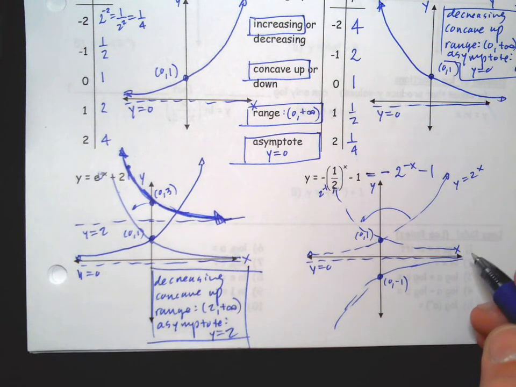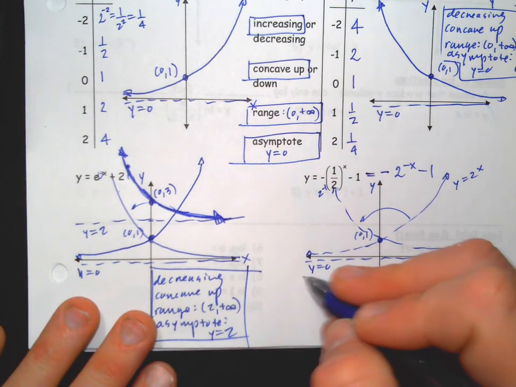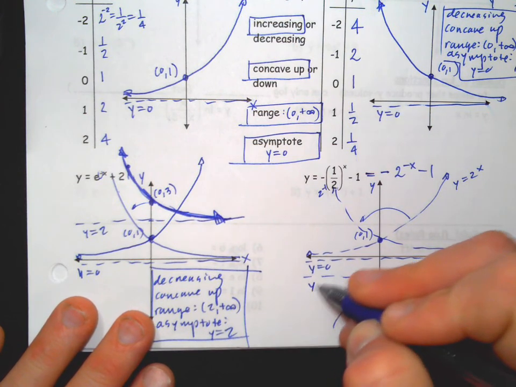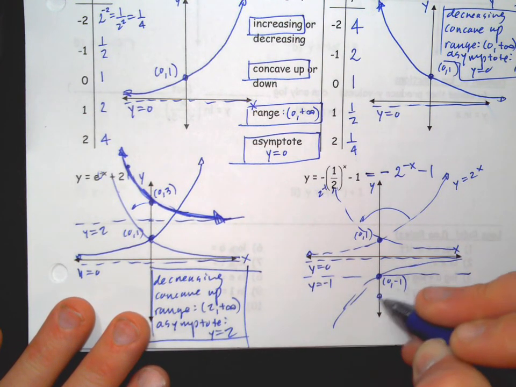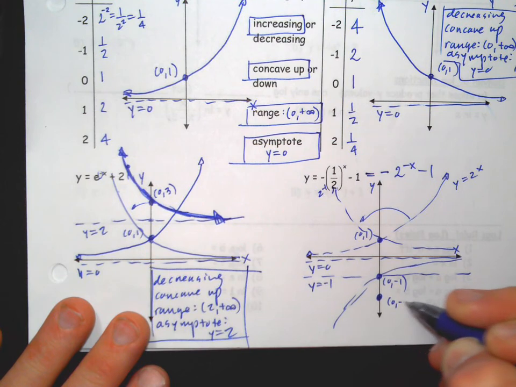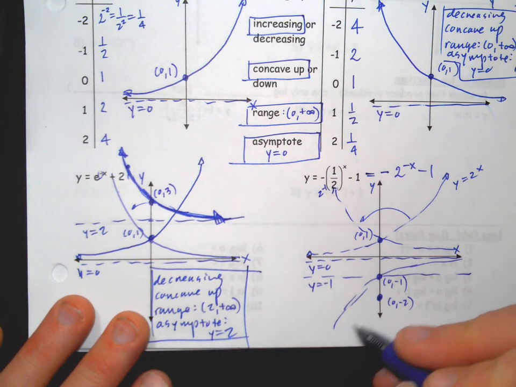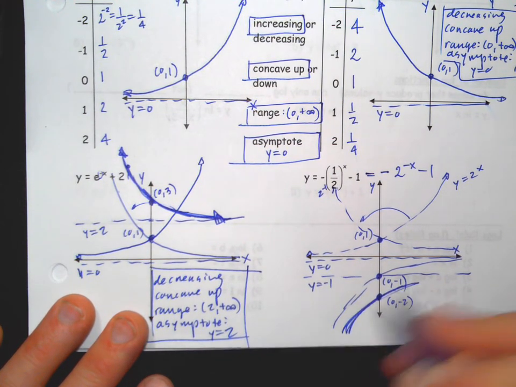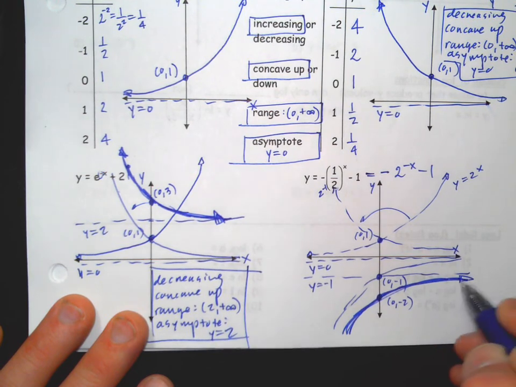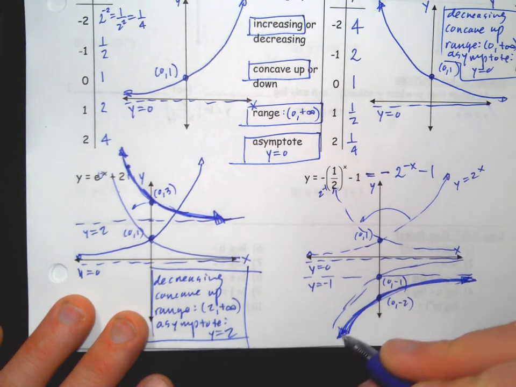So now you're down here. The -1 shifts everything down 1. So the asymptote goes down 1 to y=-1. Your intercept goes down to (0, -2). And your final graph looks like that.